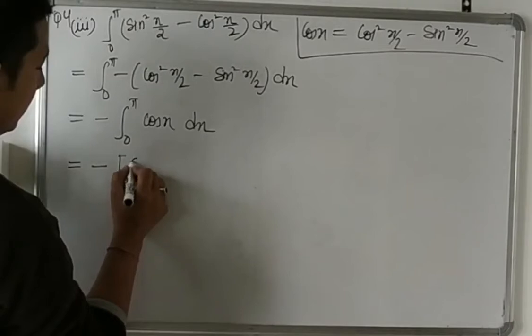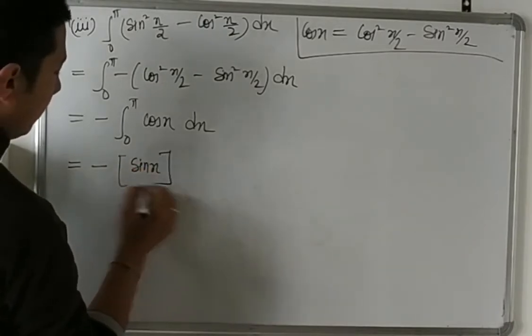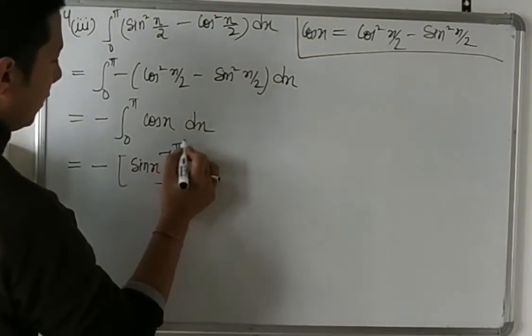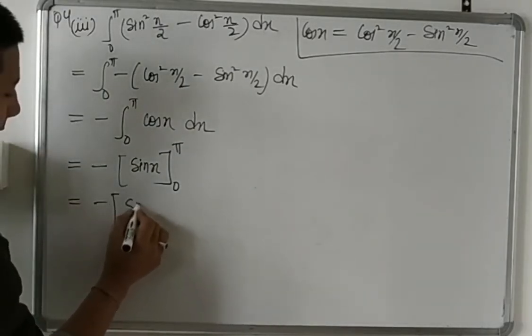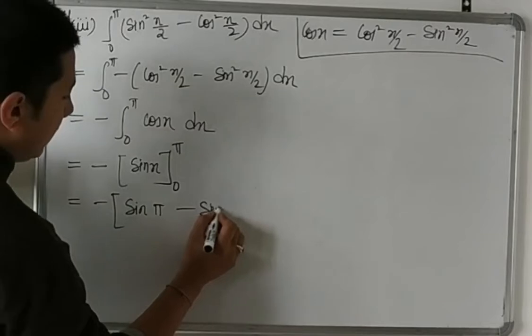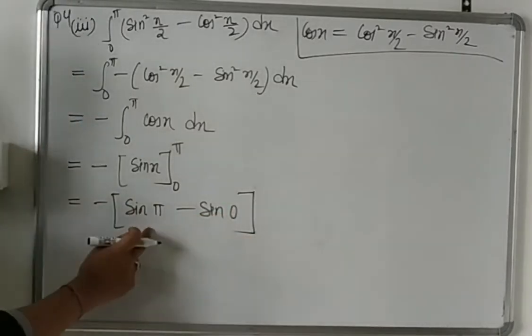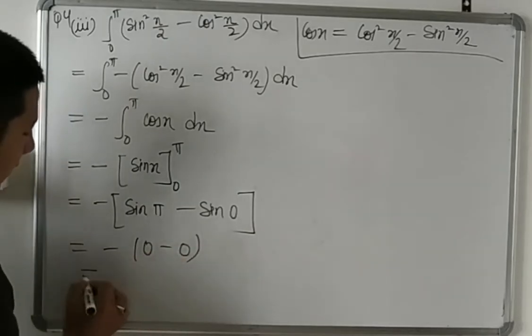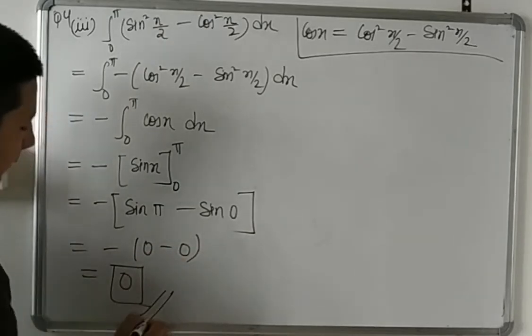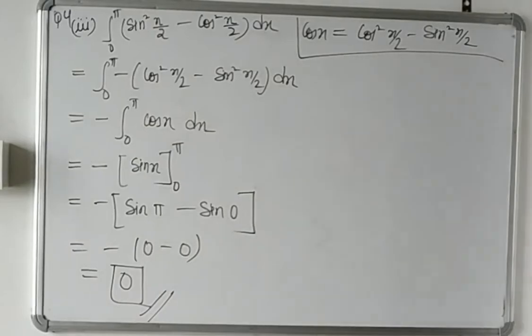So therefore this is sine x and 0 to pi. Okay, so therefore minus, this is sine pi minus sine 0. Now sine pi is also 0. This is also 0. So therefore 0 minus 0, and hence the answer is also 0. So pause the video and note it down.